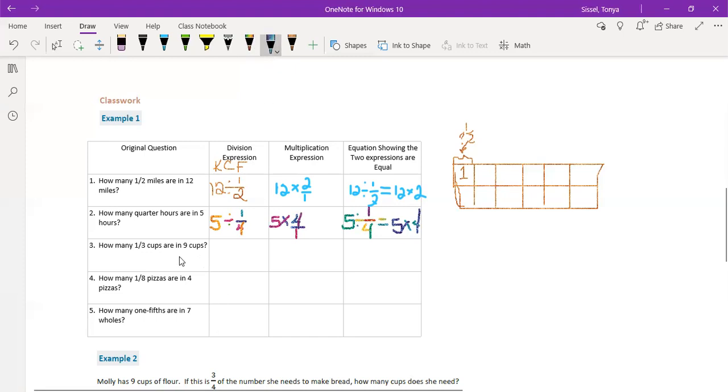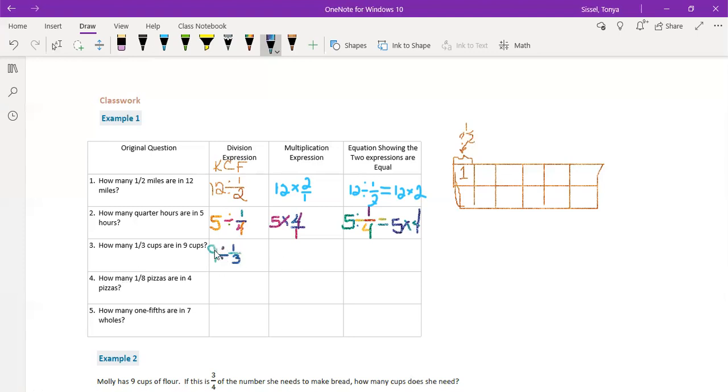We've got how many 1/3 cups are in 9 cups? So we've got 9, and we want to break it up into 1/3 of a cup and 1/3 of a cup and 1/3 of a cup. We want to know how many 1/3 cups are in that 9 cups.